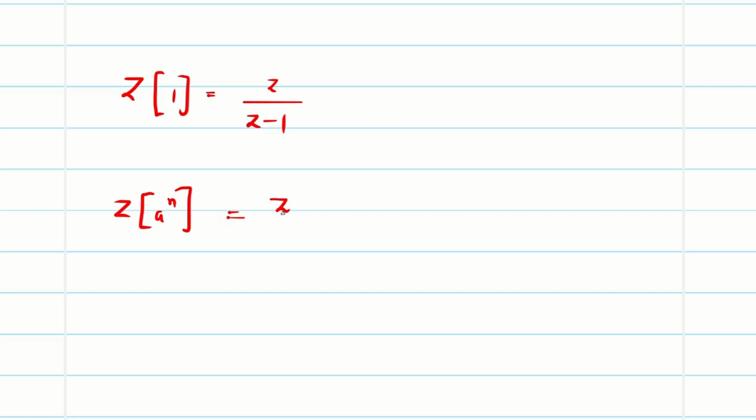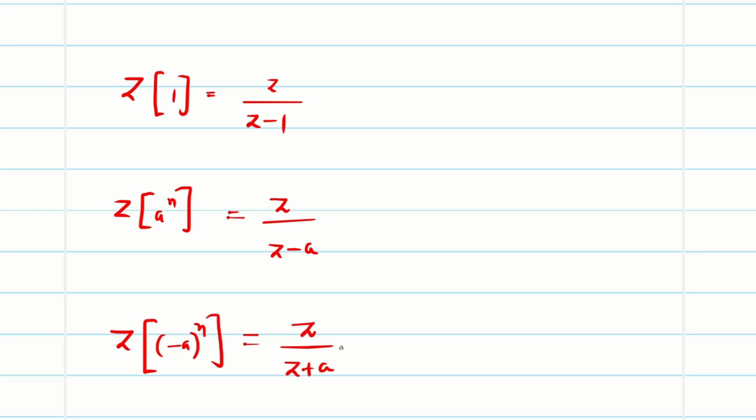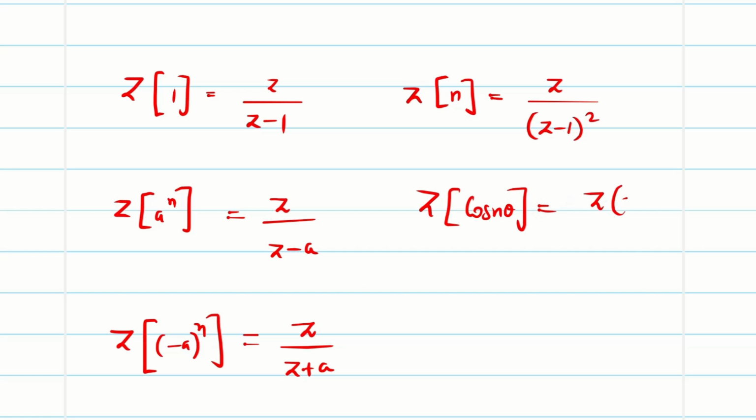Just a quick recap. Till now, we learned the formula of Z of 1, that is z by z minus 1. Z of a power n, that is z by z minus a. Z of minus a whole power n, that is z by z plus a. Then Z of n, z by z minus 1 whole square. Z of cos n theta, z into z minus cos theta divided by z square minus 2z cos theta plus 1.